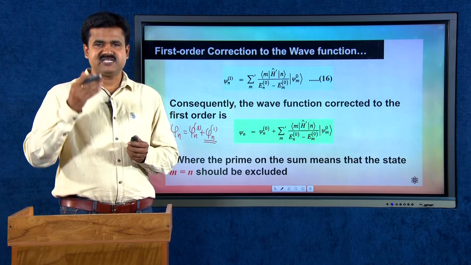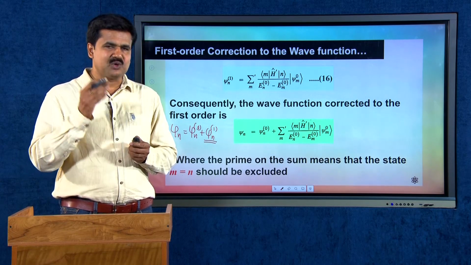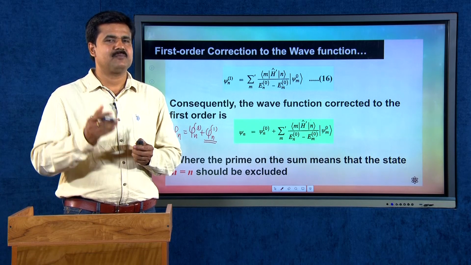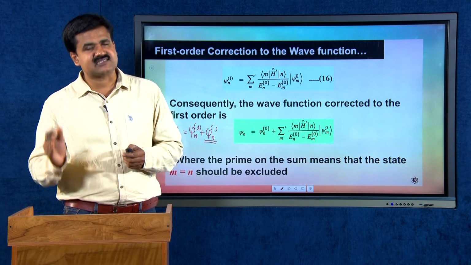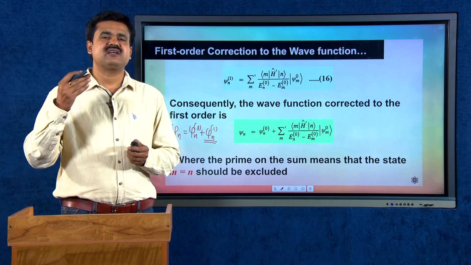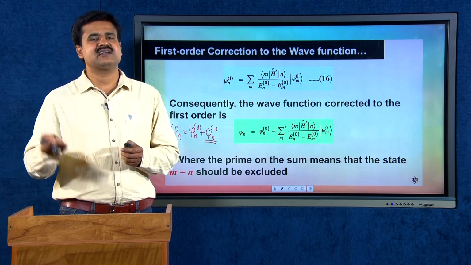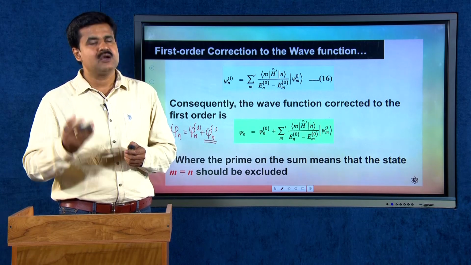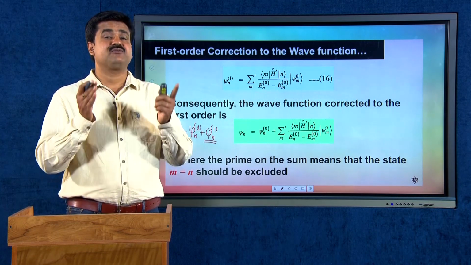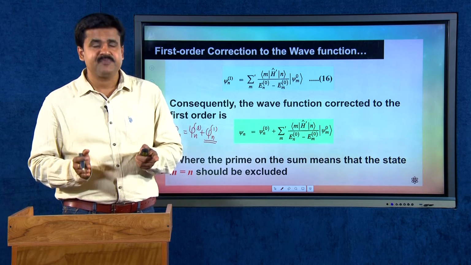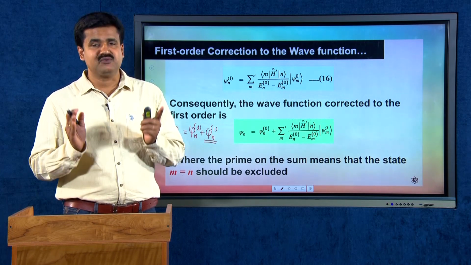So, perturbation theory express solution to one quantum mechanical problem in terms of other which is already solved exactly. So, we can make a first order, second order, higher order corrections either to energy or to wave function. And in this module, we focused on first order correction to energy and first order correction to wave function.